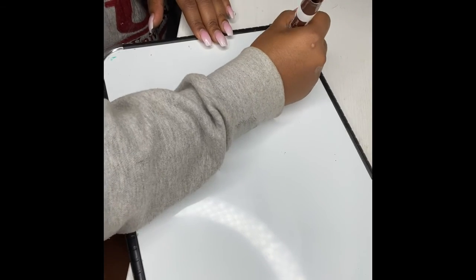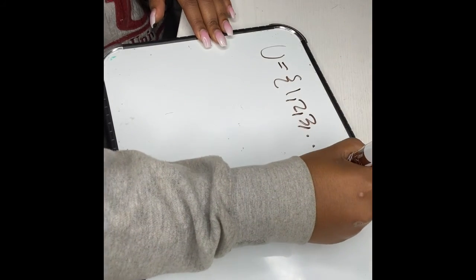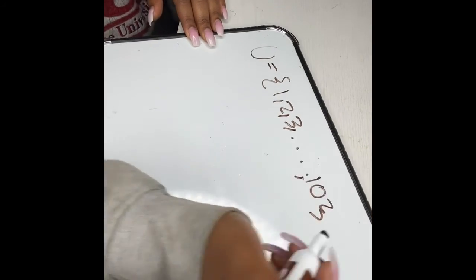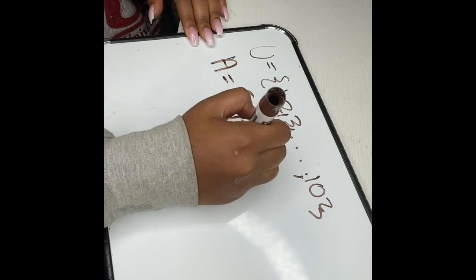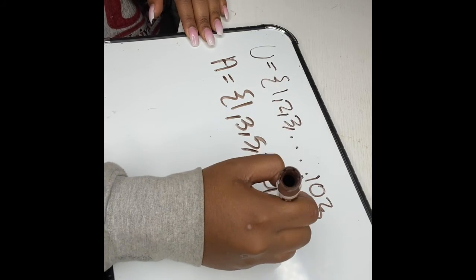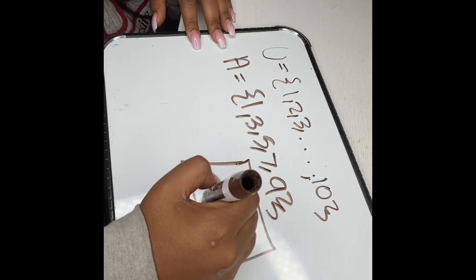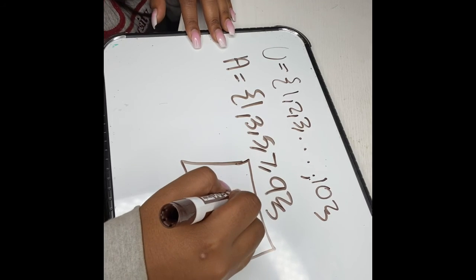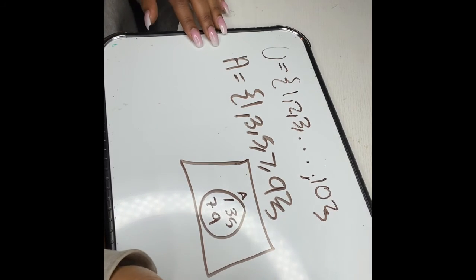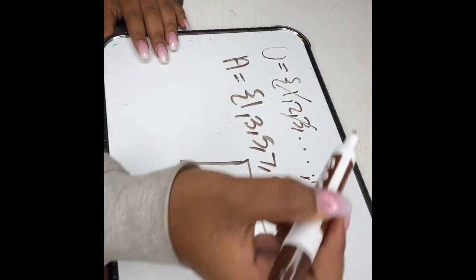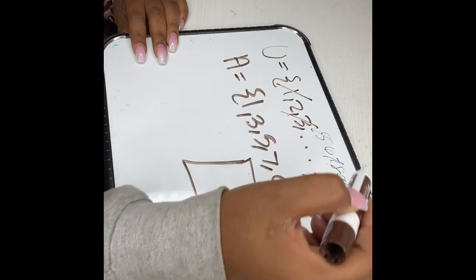So let's say the universal set is 1, 2, 3, all the way up to 10. And the set A is 1, 3, 5, 7, and 9. You make a diagram. Since A is 1, 3, 5, 7, and 9, these will already be out.